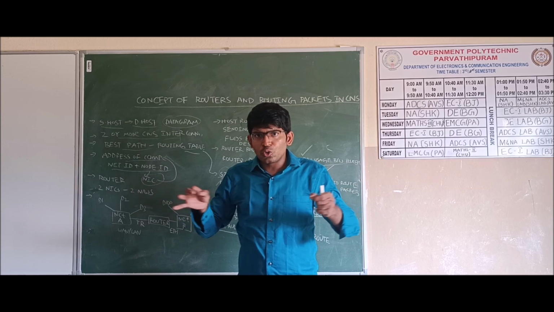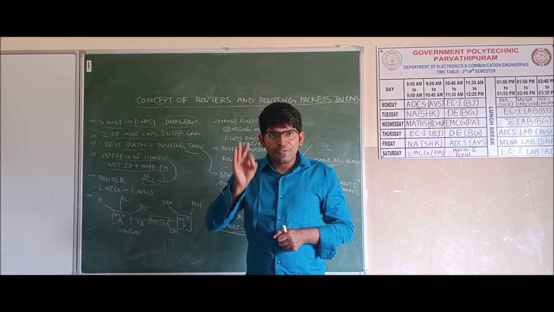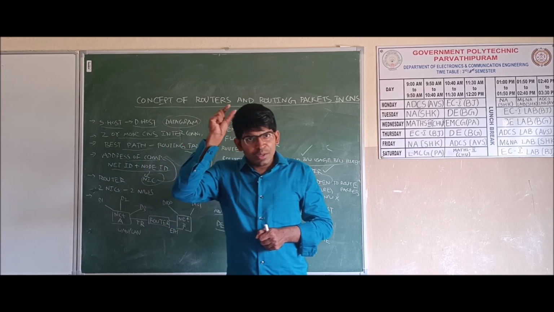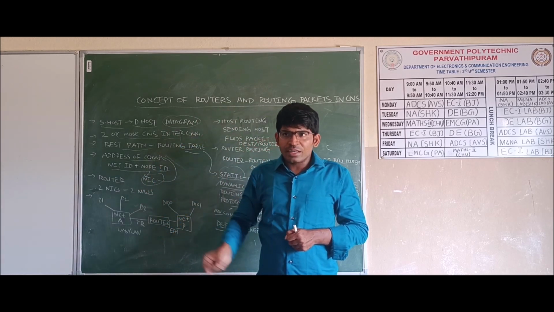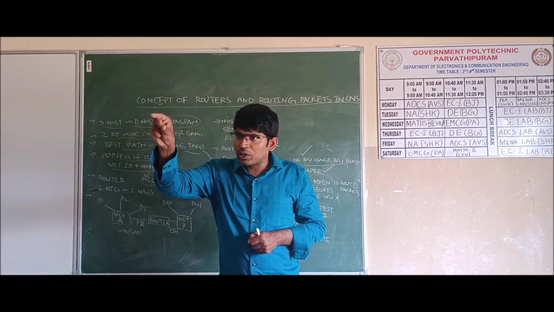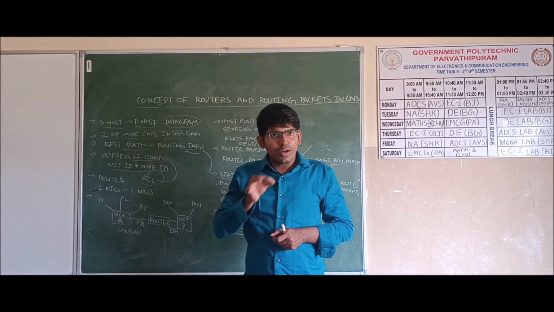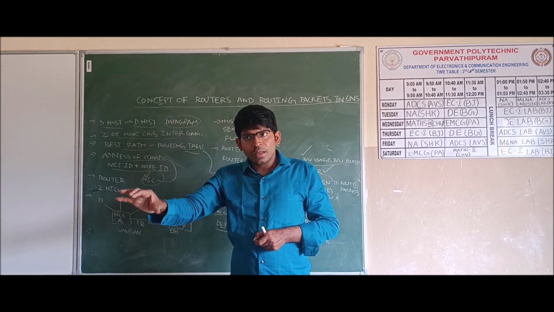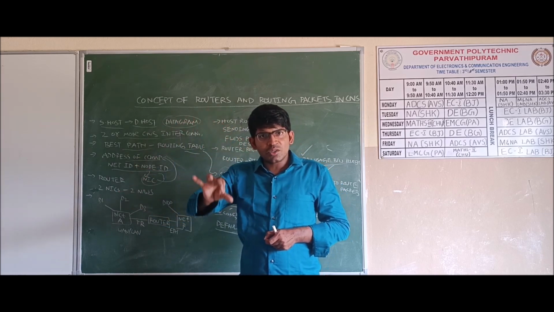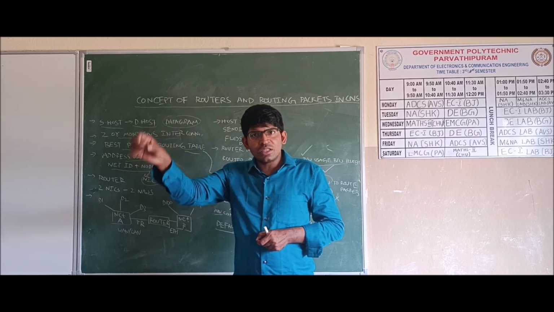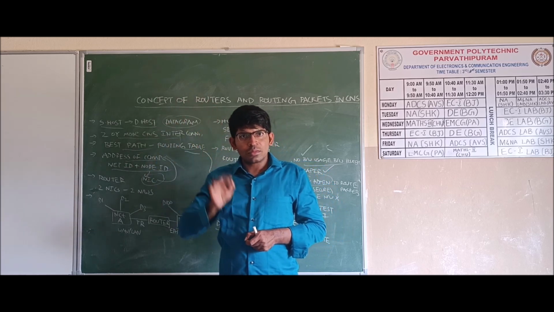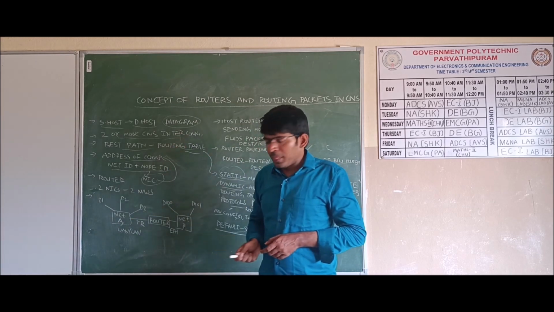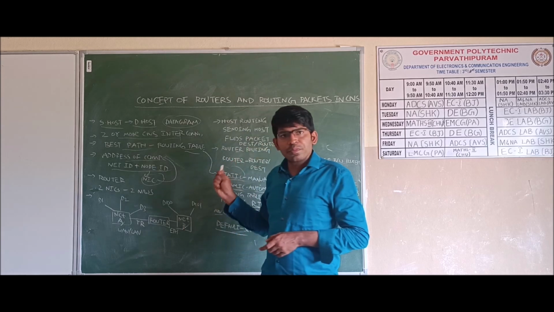It can connect to two networks. If a router is having three NICs, we can connect three computer networks to the router. So whenever we are connecting a network to the router, the network address will be there in the NIC of that router. Example here, this is network A, this is network B.